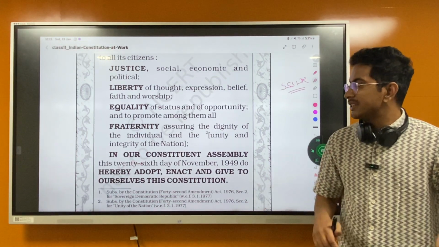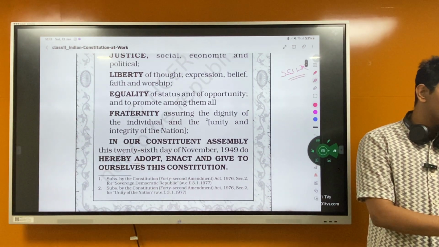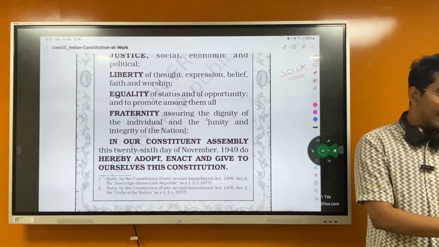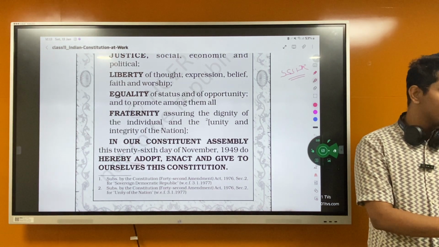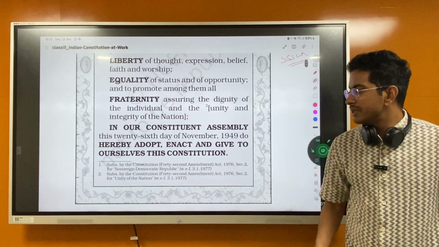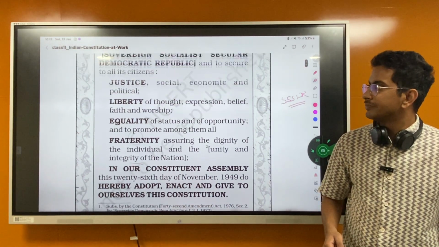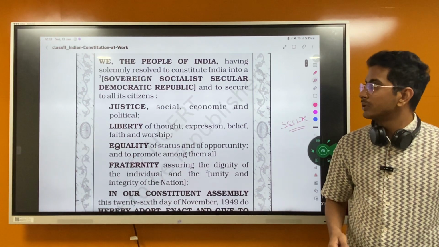In our Constituent Assembly, this 26th of November 1949, do hereby adopt, enact, and give to ourselves this Constitution. Right? So there are some amendments. We'll read about it, which were the amendments. Again, just see it again if you want to.